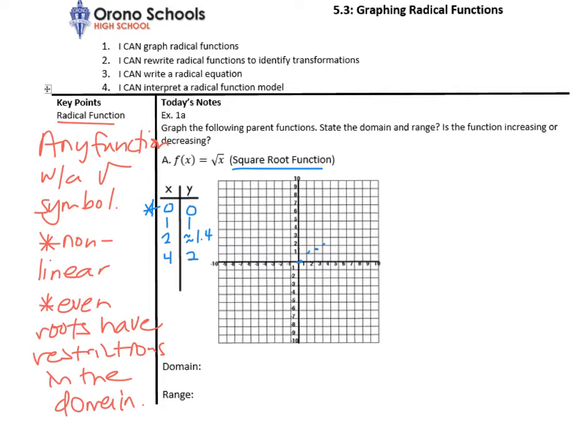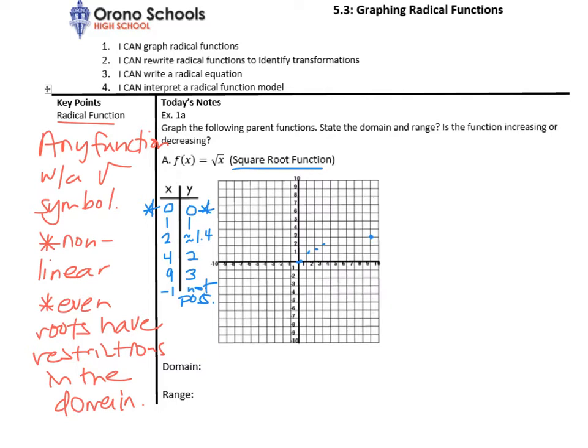The next perfect square that we could evaluate would be all the way over at 9. And the square root of 9 is 3. So over 9, up 3. What ends up happening here is that we start at 0, 0, because if we were to substitute in a negative value, that would not be possible.